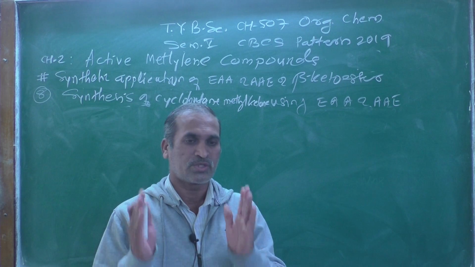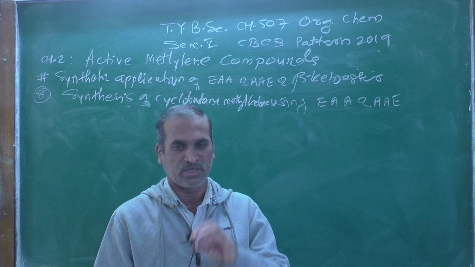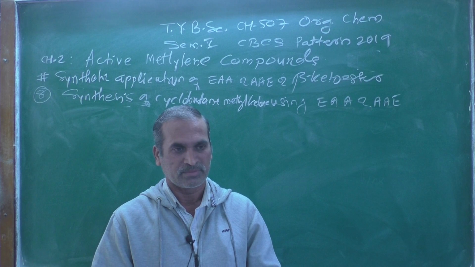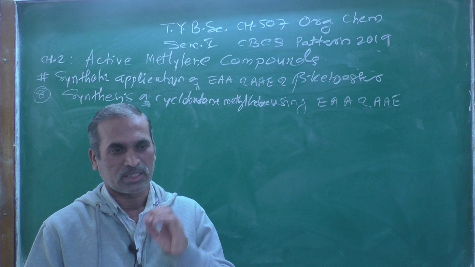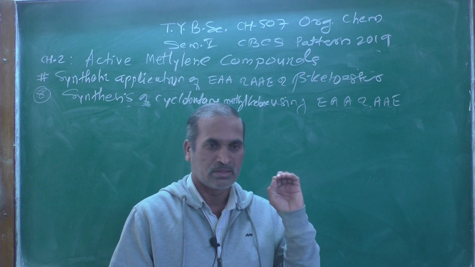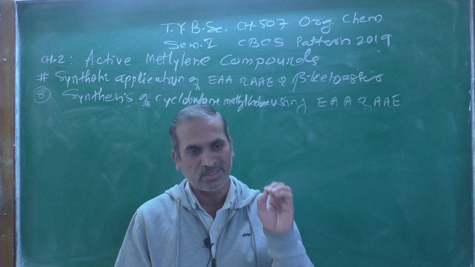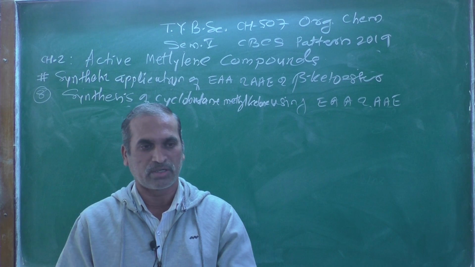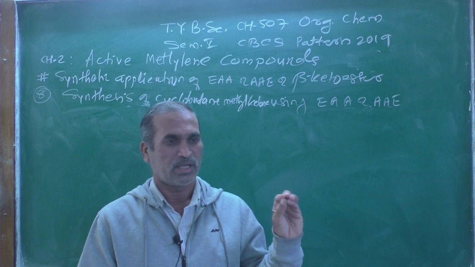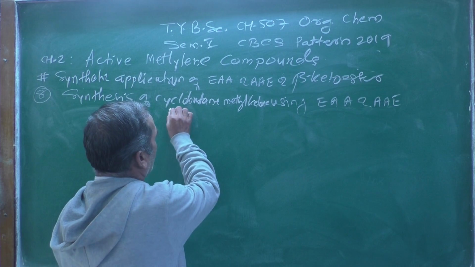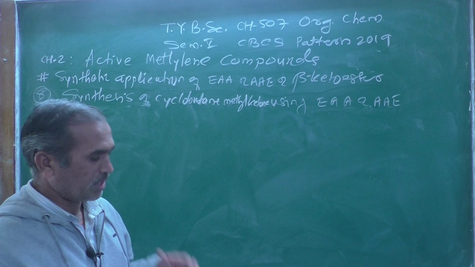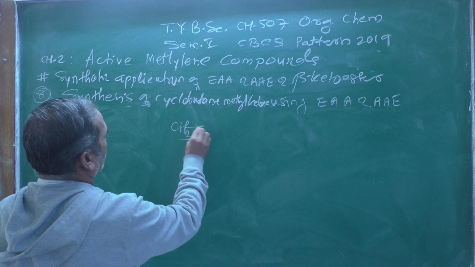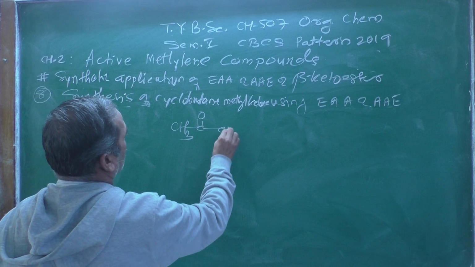Now first, what you require, the essential requirement, is to draw the correct structure of the given target molecule, or we can say the given final product or end product, which is cyclobutane methyl ketone. Remember the structure of cyclobutane methyl ketone is this one.